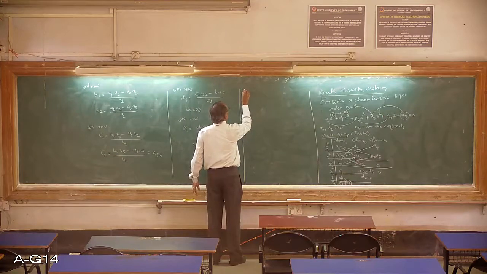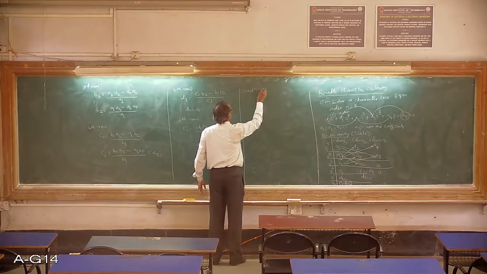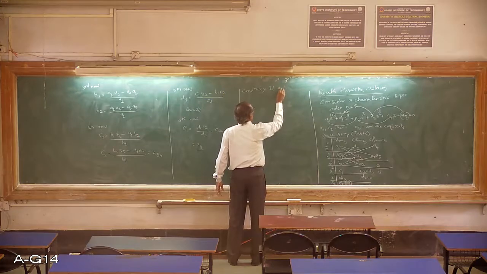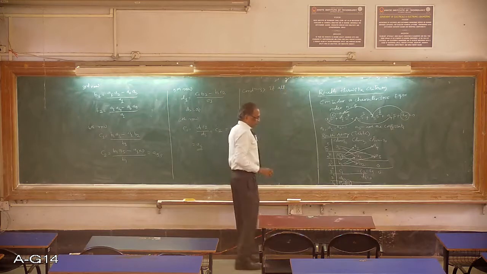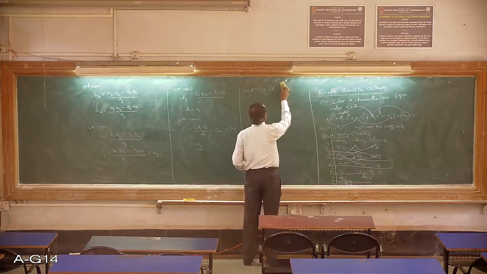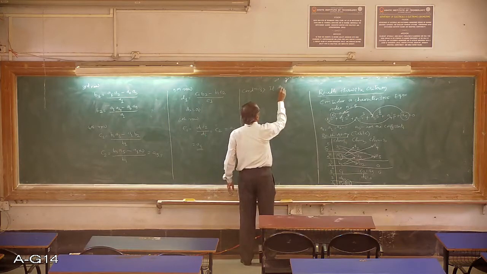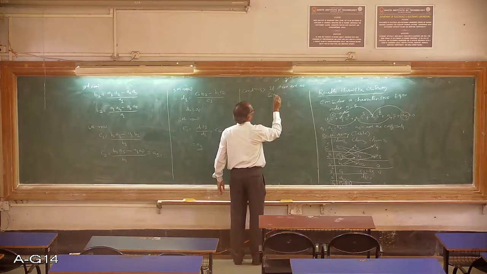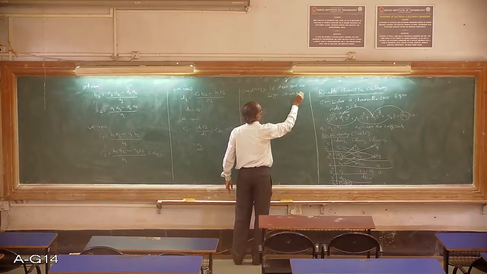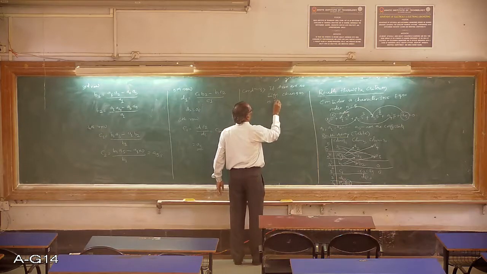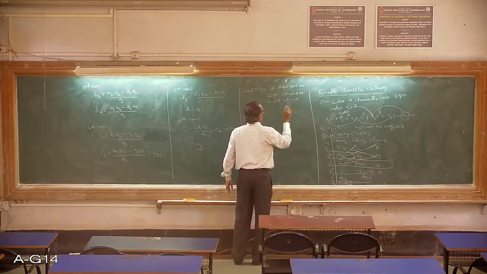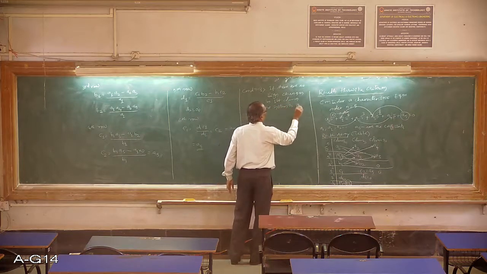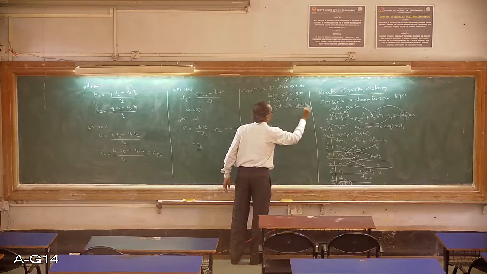I will write the conditions. First condition: if there are no sign changes in the first column, the system is stable.